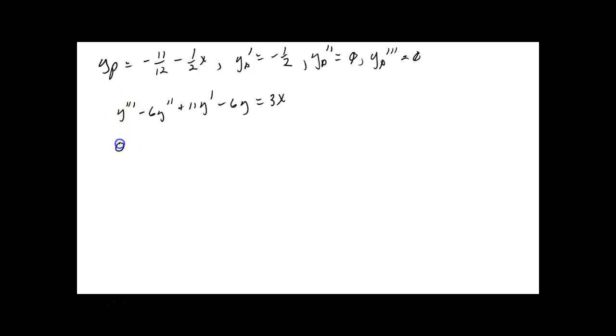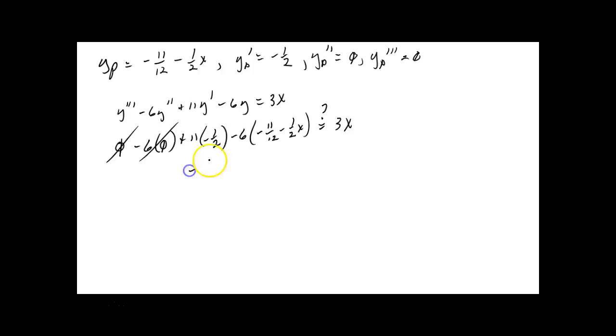yp triple prime is 0, minus 6 times yp double prime, 0, plus 11 y prime, which was negative 1/2, minus 6 y, and y was negative 11/12 minus 1/2 x. The question is, is that equal to 3x? That's the question, said Hamlet. Those two go to 0. 11 times negative 1/2 is negative 11/2.